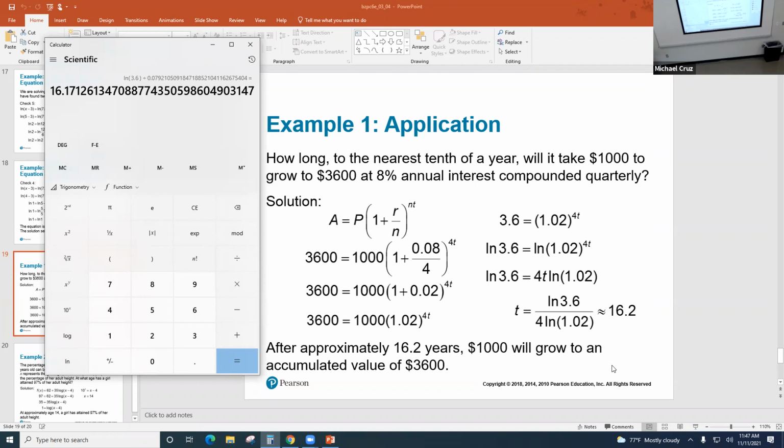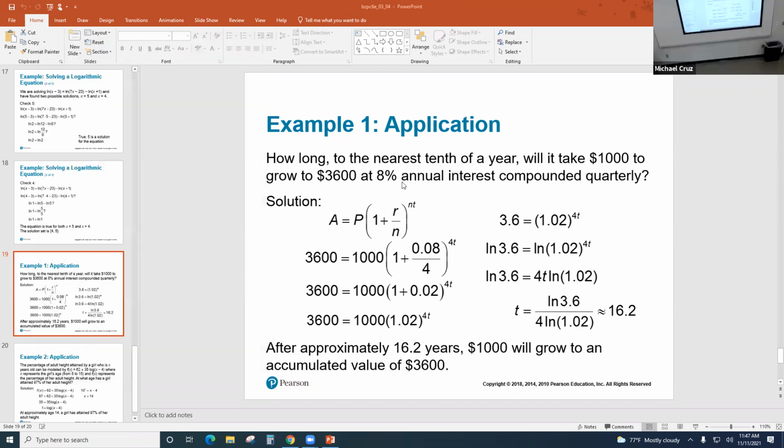So it takes a little over 16 years to get to $3,600 from $1,000, and of course, this is a time when interest rates were actually about 3 times what they are now.